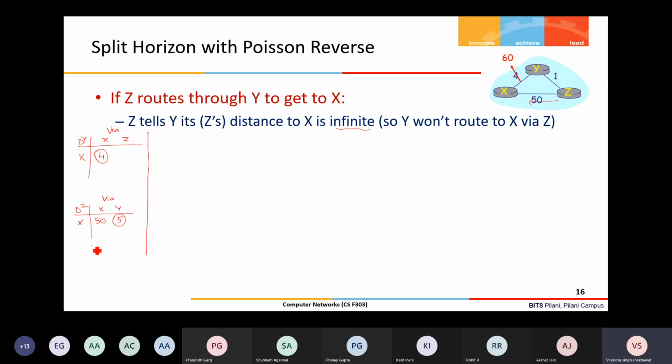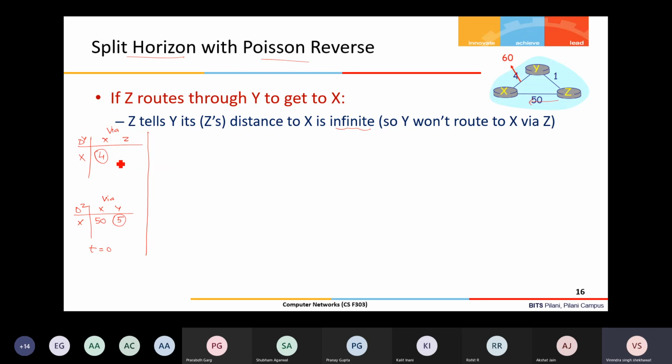This is the situation at t equals 0, when the link cost was 4. Now, because Y learned this cost 5 route from Z, according to split horizon with Poison Reverse Z should not tell the correct cost of the path.